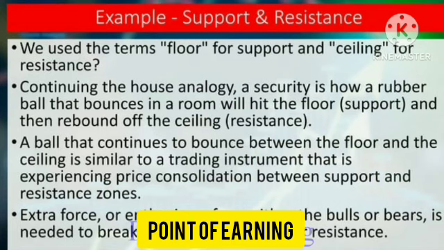A ball that continues to bounce between the floor and the ceiling is similar to a trading instrument that is experiencing price consolidation between support and resistance zones. Extra force or enthusiasm from either the bulls or bears is needed to break through the support or resistance.